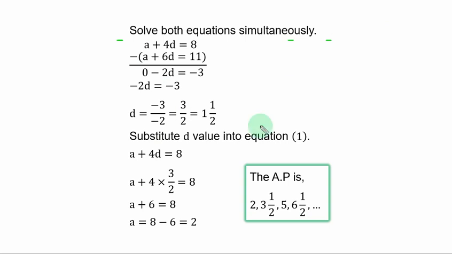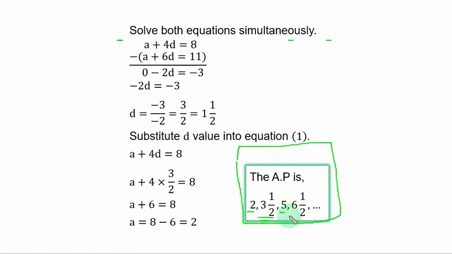I want to explain the AP again. To form the AP, you start with the first term, that is 2. To get the second term, you add the common difference to the first term. To get the third term, you multiply the common difference by 2 and add it to the first term.